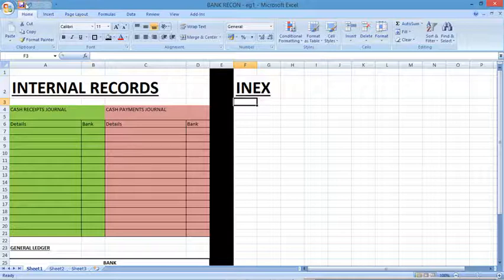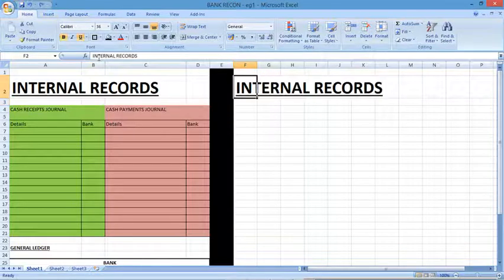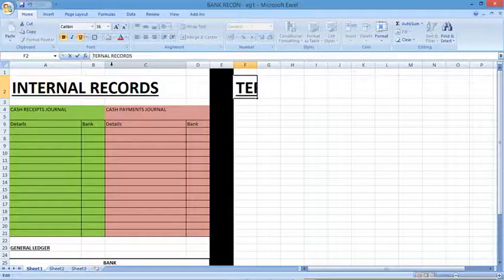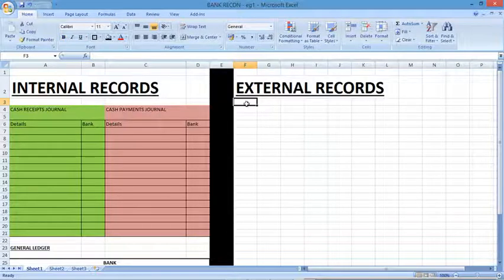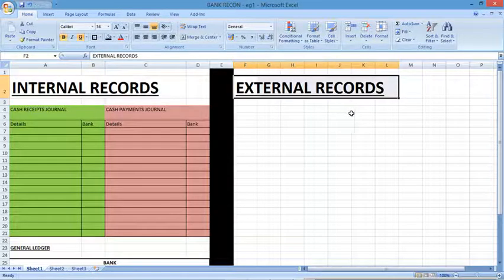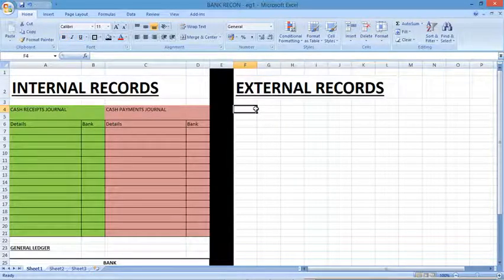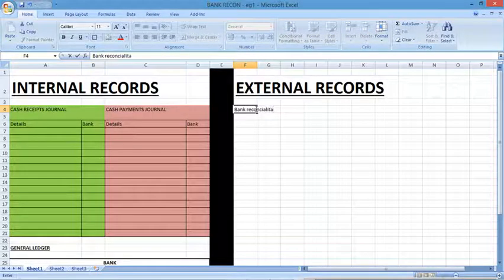Okay, external records, whose books are we looking at? The bank's, because we get the bank statement from the bank. So this will be the bank reconciliation statement.